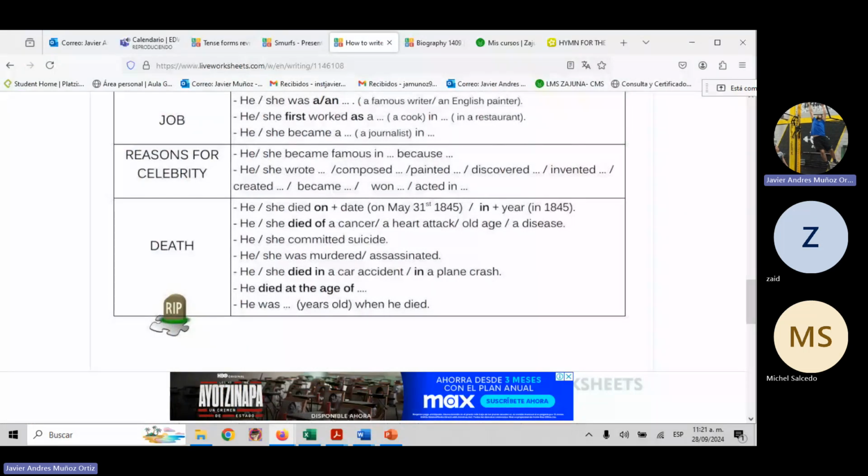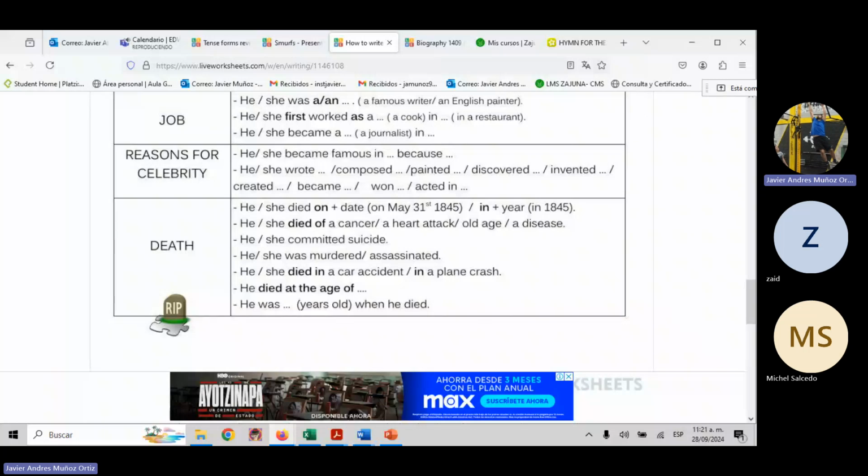And this kind of contribution is normally related to his or her job, like an actor, an actress, a singer, a president, a prime minister, an emperor, right? And these activities are the most commonly known in our context, in our culture, right?